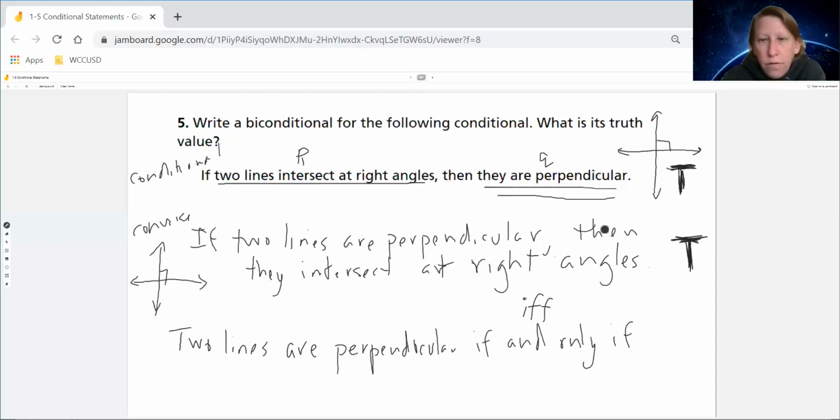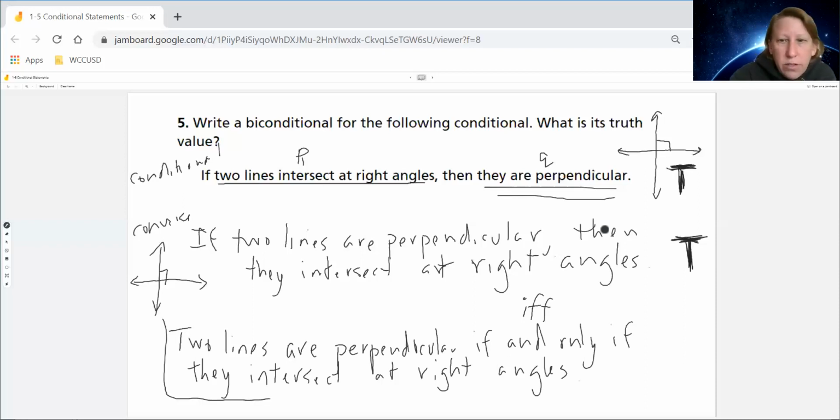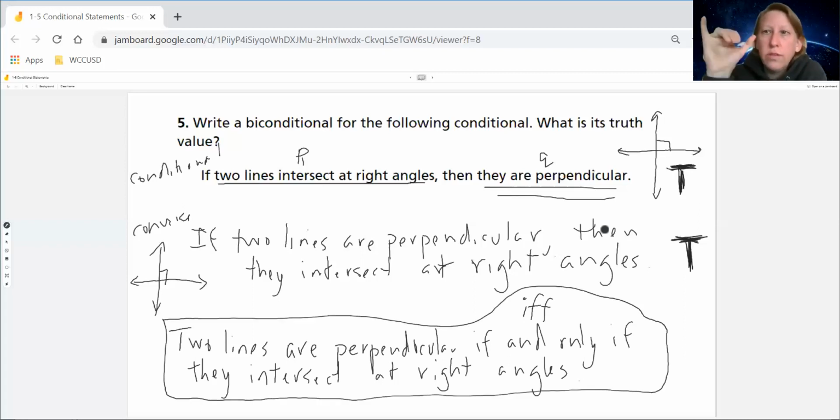If and only if they intersect at right angles. This last statement is a biconditional. It has the two conditions. They're equally true. So that's a biconditional. Really powerful for writing definitions.